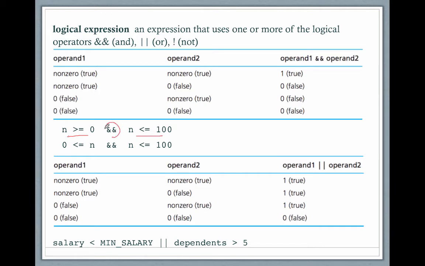This is a logical and. And the way that you would use that is if you had a condition like if, and you put this in parentheses, in order for the entire expression to be true, this side must be true, and this side must be true. So what this would include would be any value, assume that n has a value, from 0 up to 100 and including 0 and 100.